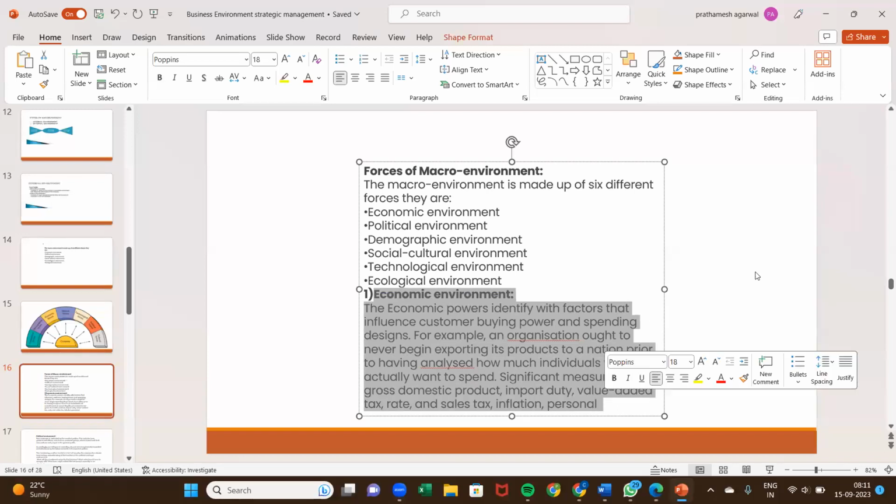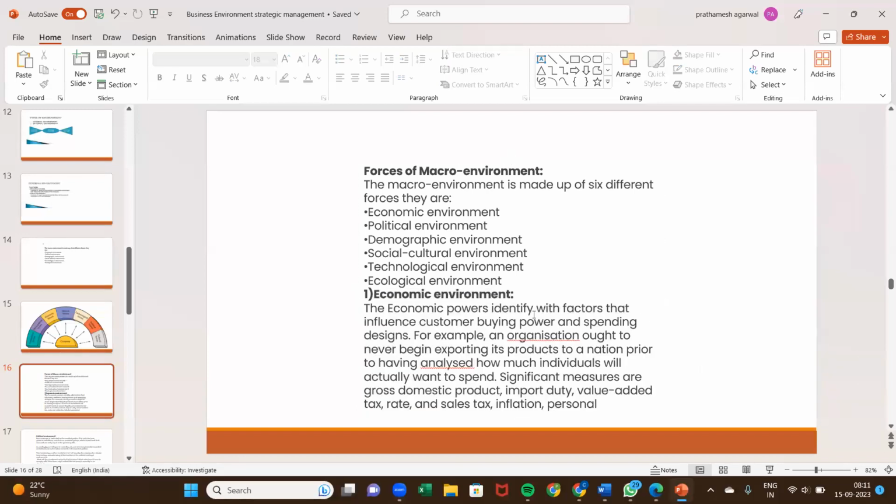The economic forces identify factors that influence customer buying power and spending patterns. The economic environment usually influences the buying power of the customer.